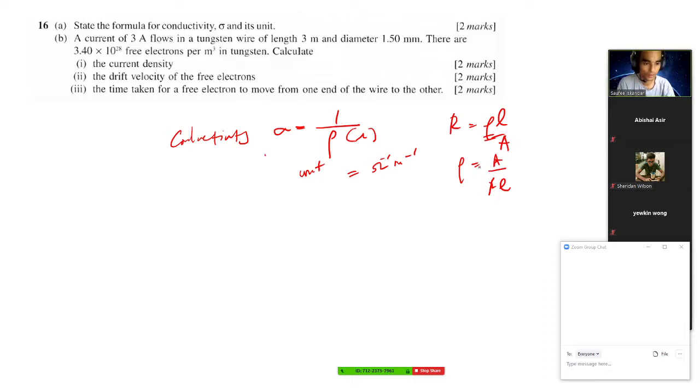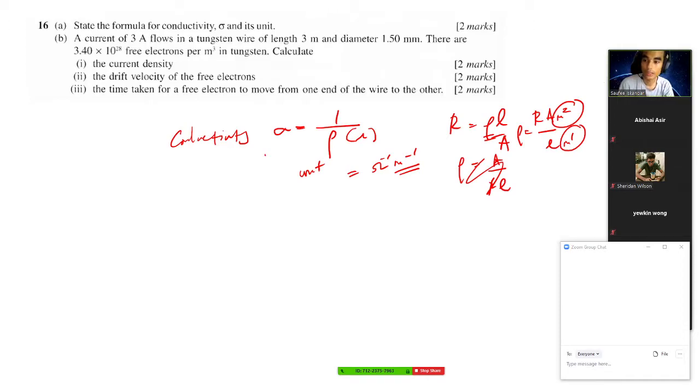Wait, it will be RA over L. Okay, rho will be RA over L. So A has unit m squared, and so you have here meter. Meter to the power of minus 1, because we have meter squared over meter to the power of 1.